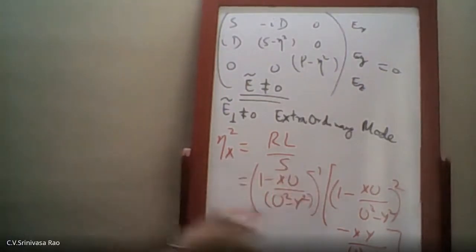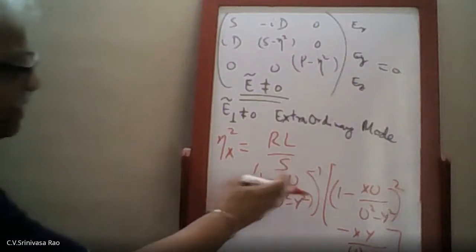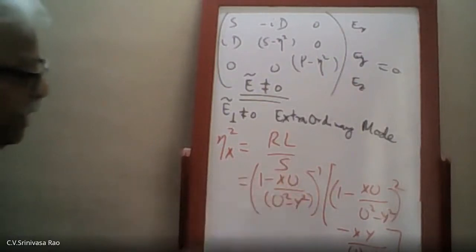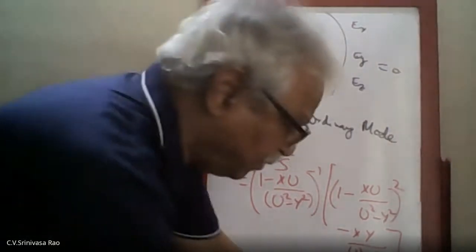So that is the dispersion relation for the extraordinary mode. After you do all the substitution for x, u, and y, we'll write down how it looks.